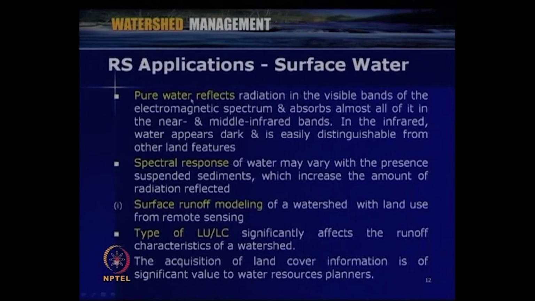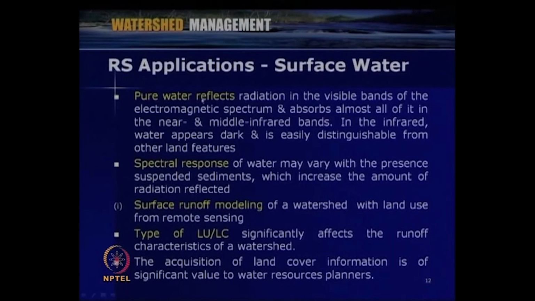As far as remote sensing is concerned, pure water reflects radiation in the visible bands of the electromagnetic spectrum and absorbs almost all of it in the near and middle infrared bands. So, in the infrared, water appears dark and is easily distinguishable from other land features.